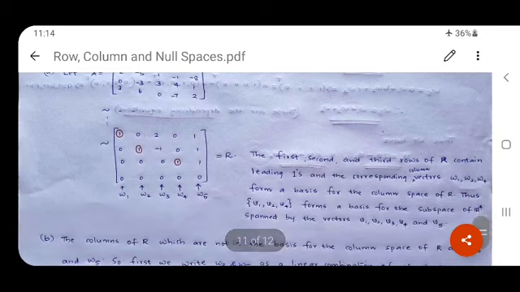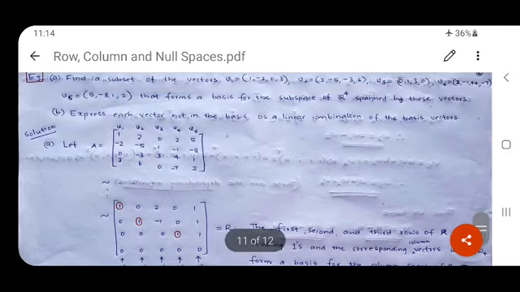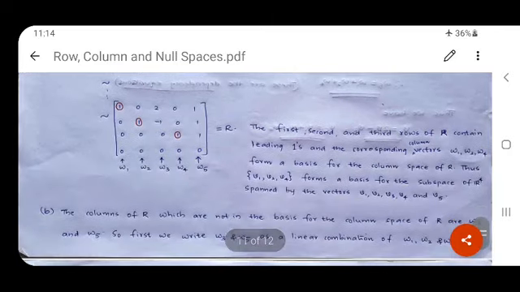So v1, v2 and v4 form a basis for the space spanned by the given vectors. Now we need to express the remaining vectors v3 and v5 as a linear combination of v1, v2 and v4.